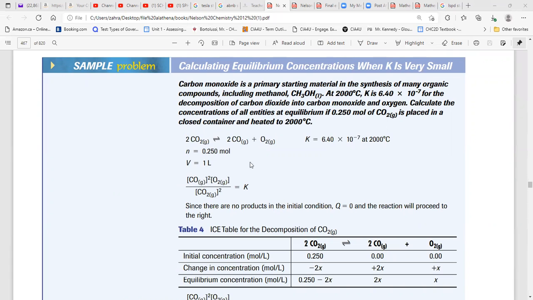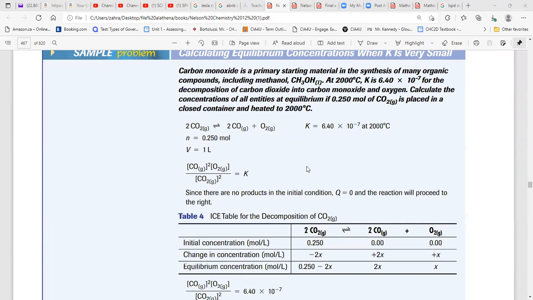How about if the K is very small in this case? Again, the K constant for your reaction is given. We have an initial concentration of 0.25 mole of CO2 that is given to us, and we don't have any CO and O2.